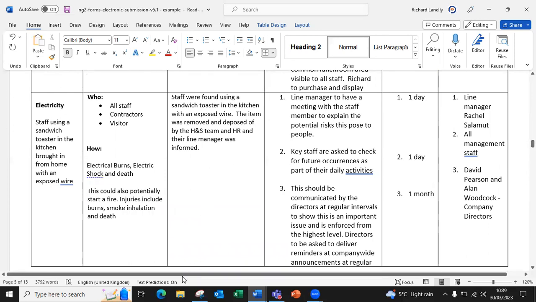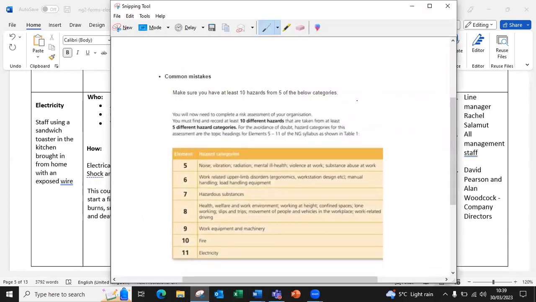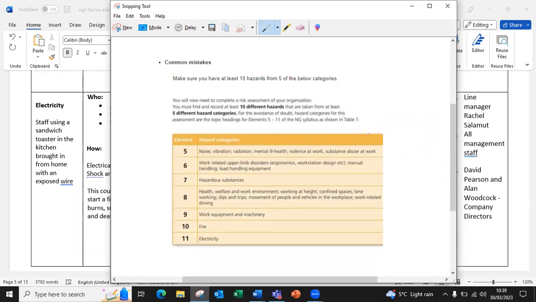So I think it might be a good time to explain how the hazards work. This is on Moodle as one of the things you can see, but I just want to refer to it to get some clarity, because NEBOSH label these in really weird ways. So basically, these here are the hazard categories, and here are the elements of the course, 5, 6, 7 to 11.